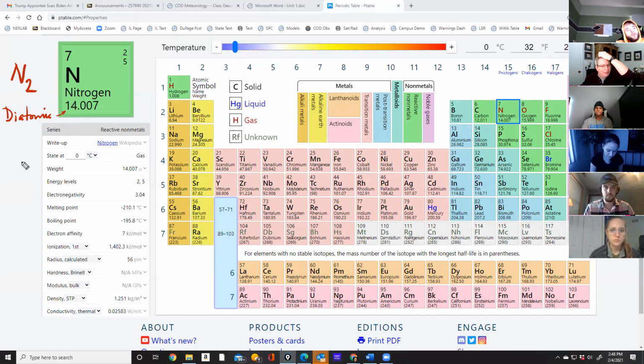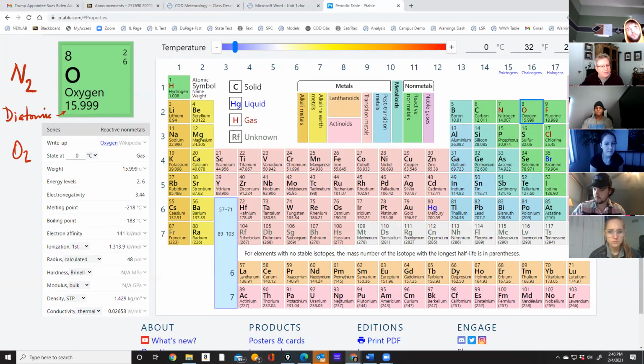What's the second most abundant gas? Oxygen. But oxygen also is O2, and it weighs 15.99, or about 16. So nitrogen is 28, oxygen is 32. Do you agree that nitrogen and oxygen are really close to the same size?